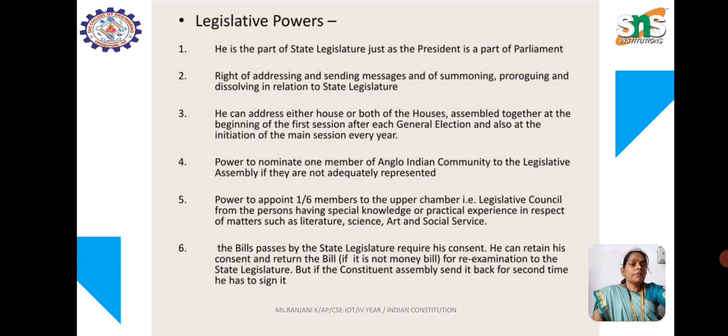Next is the power to nominate one member of the Anglo-Indian community to the legislative assembly if they are not adequately represented. Next is the power to appoint 1/6 of the members to the upper chamber. A bill passed by the state legislature requires his consent. He can withhold his consent and return the bill for re-examination by the state legislature.